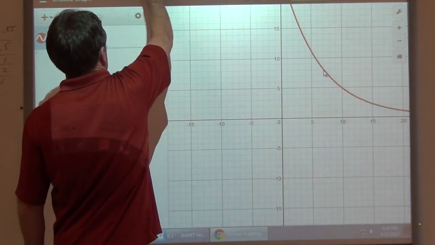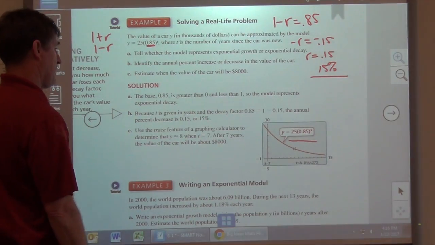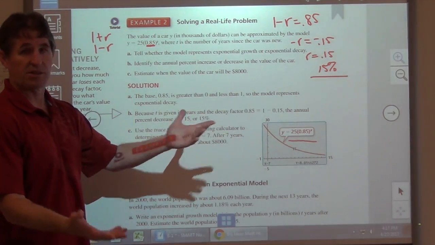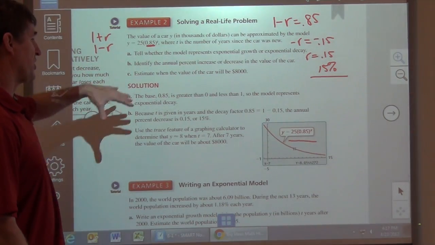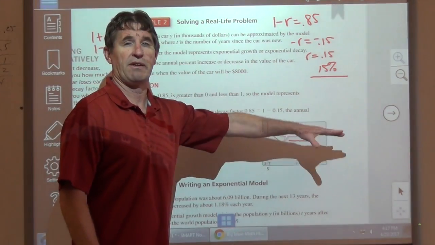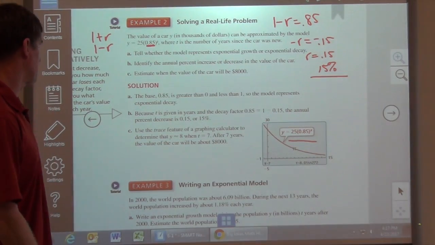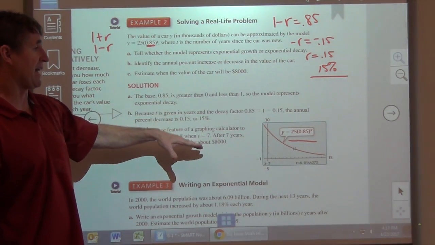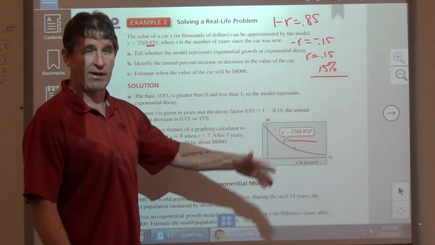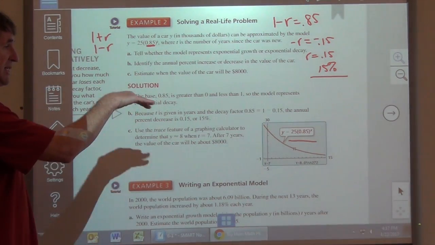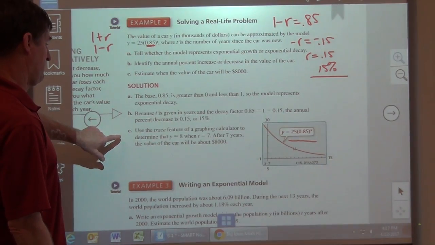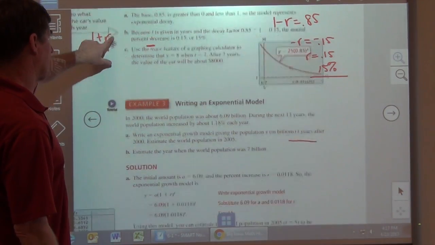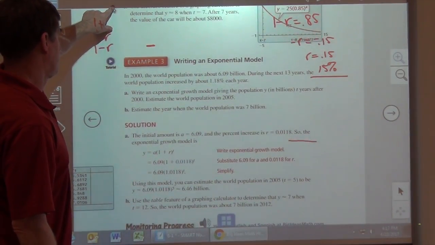So if we go back to the textbook, it says it's about 7 years because it was 8,014 exactly at 7 years. So you can just use the trace function and find out approximately how many years it would take before it gets to 8,000. Again, on that you can find out how many years before it gets to any price by just using that trace function.